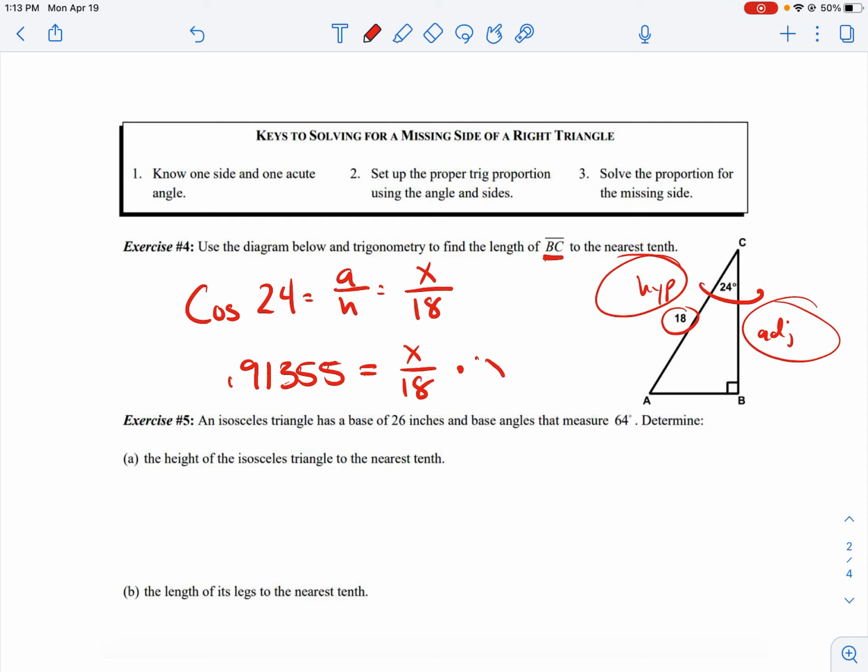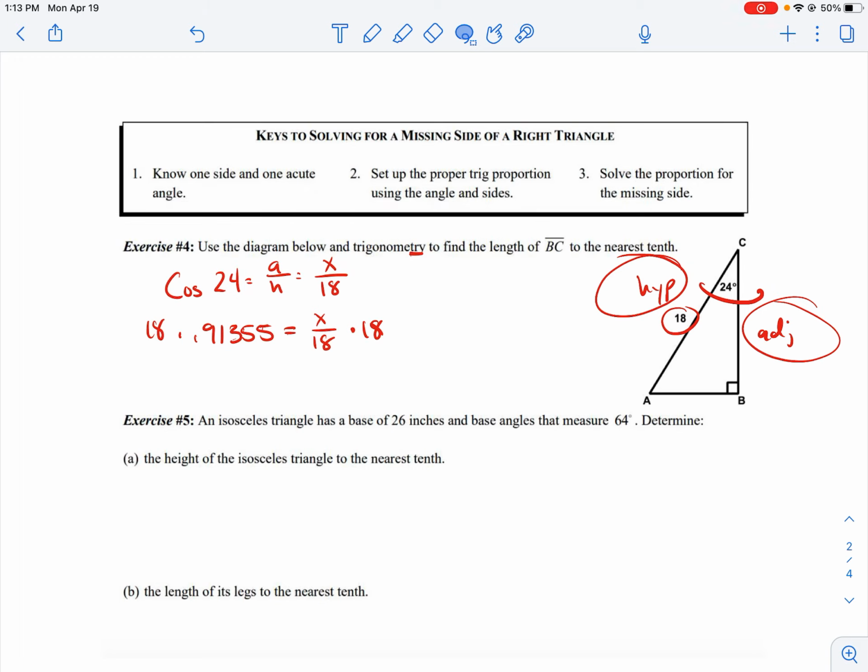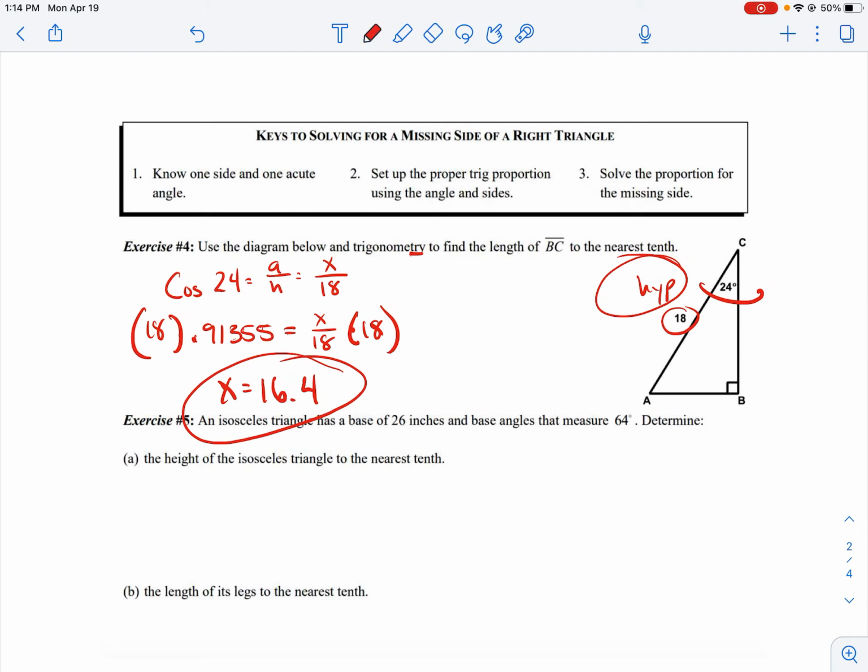To do that, I'm going to multiply both sides by 18, and by doing so we get x is equal to 16.4 to the nearest tenth. So the length of this side is 16.4.